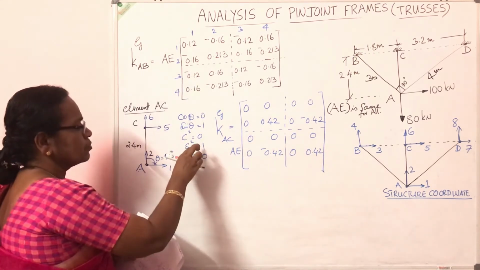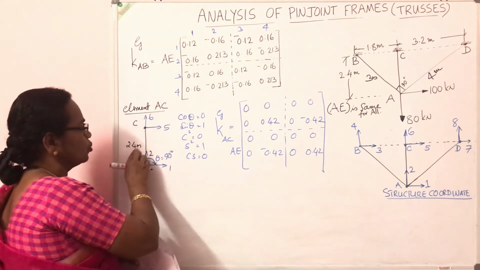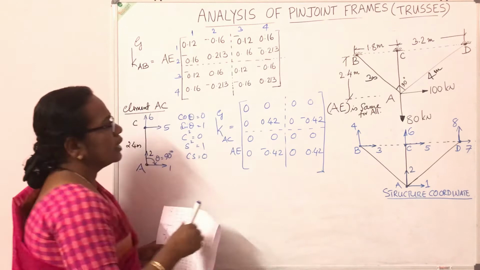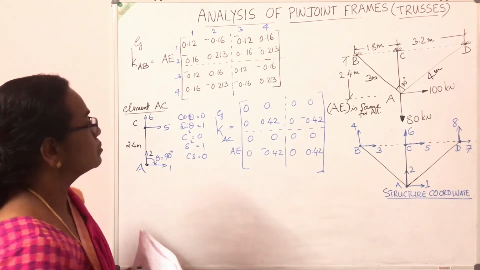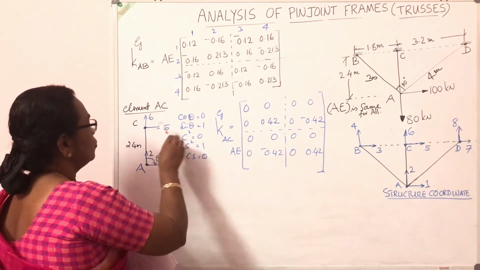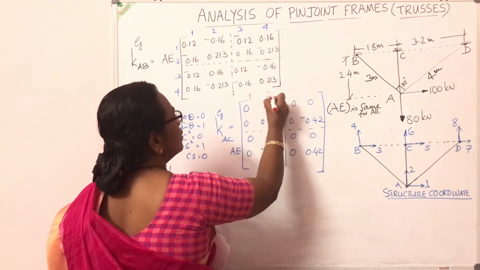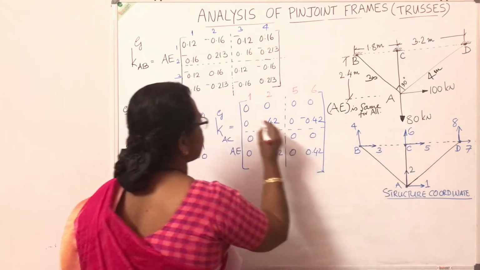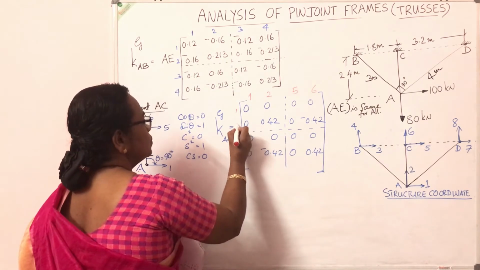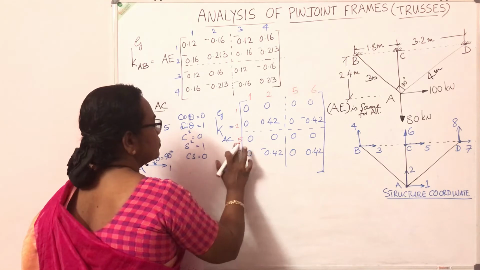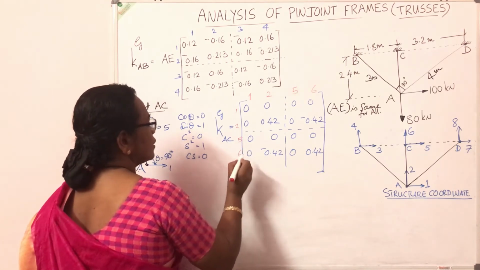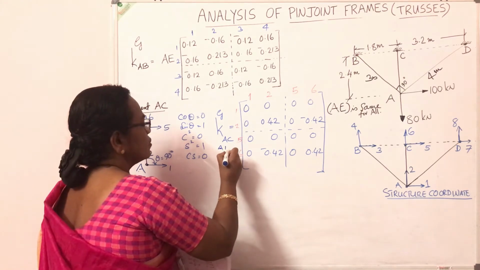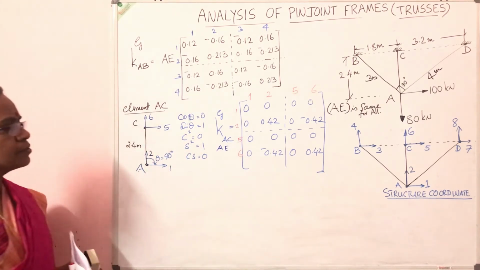That is dividing the C square, CS, S square by this 2.4. I have written this matrix for the second element and the numbers at the top and left to be written are 1, 2, 5, 6. Always AE by L is outside there. So that's the second element.